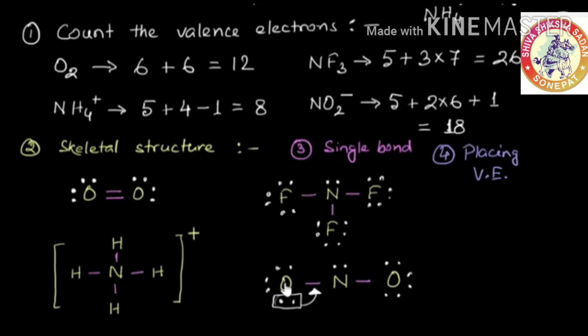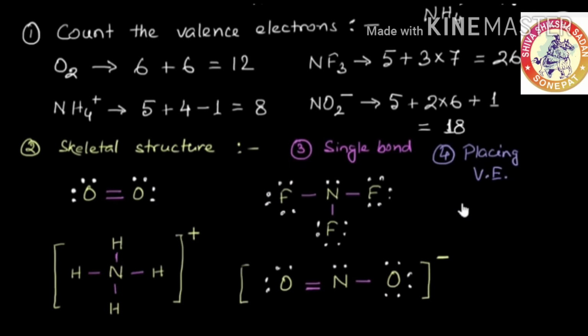Therefore, one bond is single between nitrogen and oxygen and the other bond is double, so that one oxygen contains 2 pairs of lone electrons and the other contains 3 lone pairs of electrons, and 1 unit negative charge should be present on the whole molecule, that is, outside the molecule.